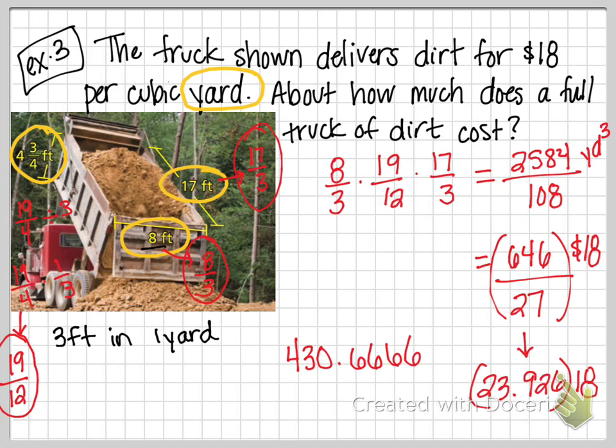If they say to the nearest dollar, we look here to the right. We round up 1 because that's bigger than 5. So about $431.